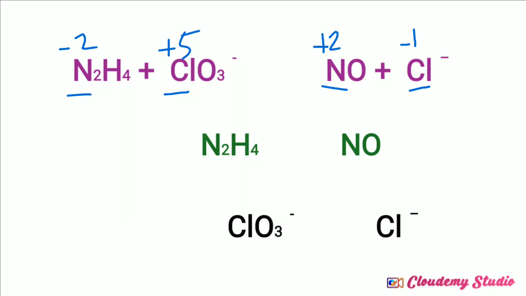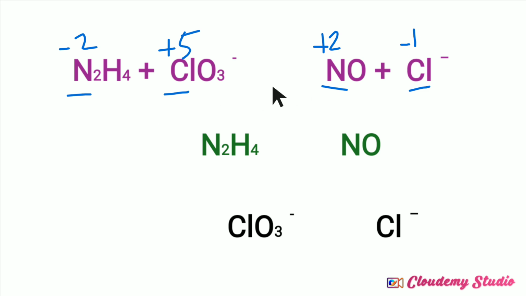I have noted down the oxidation number of nitrogen and chlorine on both sides of the equation. The oxidation number of nitrogen in hydrazine is -2, in nitric oxide is +2. Chlorine in chlorate ion is +5, in chloride ion it is -1.